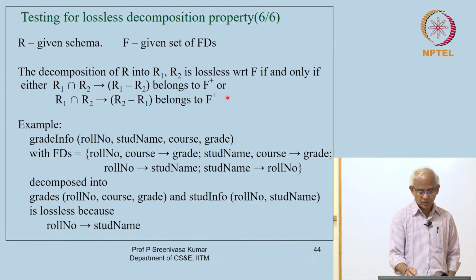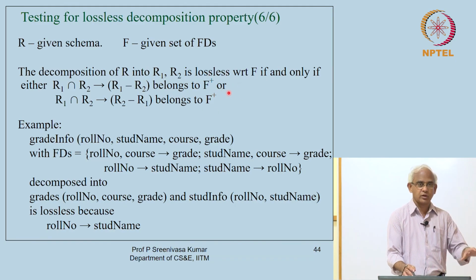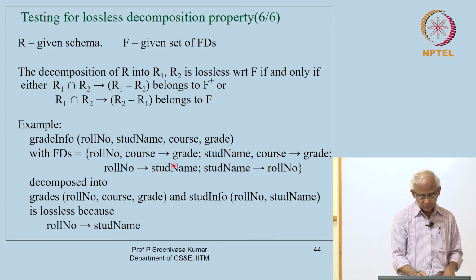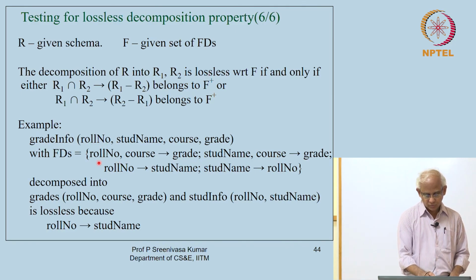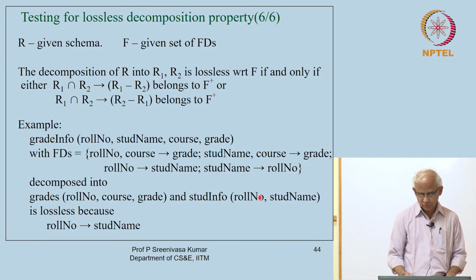This is another interesting property of these decompositions. This is easier to check, you do not have to go through an elaborate algorithm for doing this. So, for example, our decomposition of grade info into roll number, course, grade and roll number, student name is indeed lossless, because the common attribute between these two is roll number, and roll number determines student name, which is R2 minus R1.